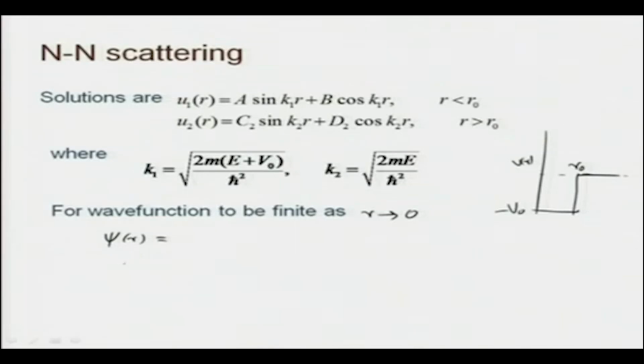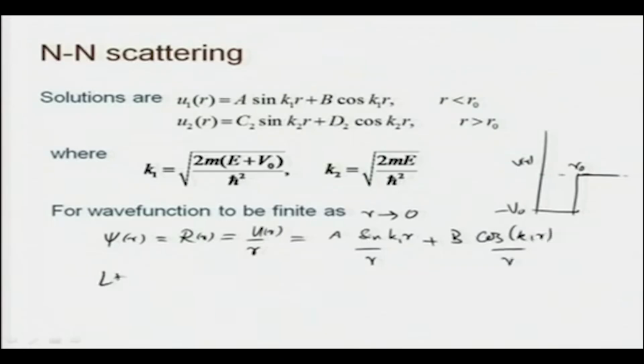So, the total wave function is essentially, apart from the time dependent part, which is again trivial and we will not write it here, u over r, and because of u 1, for the region of interest near r equal to 0, it is sin k 1 r over r plus b cos k 1 r over r.